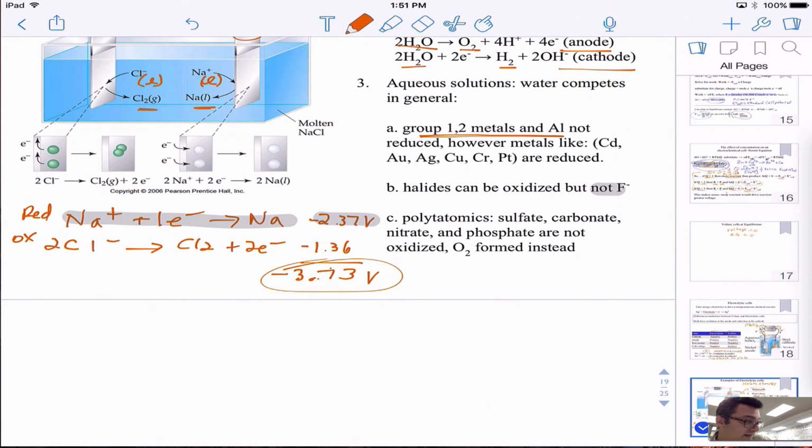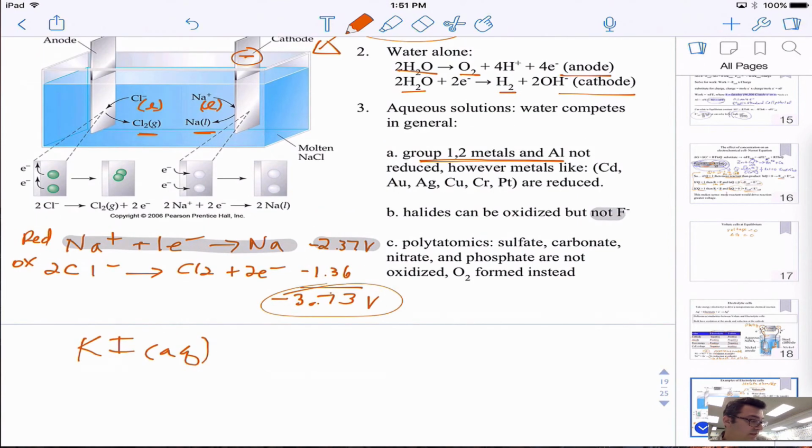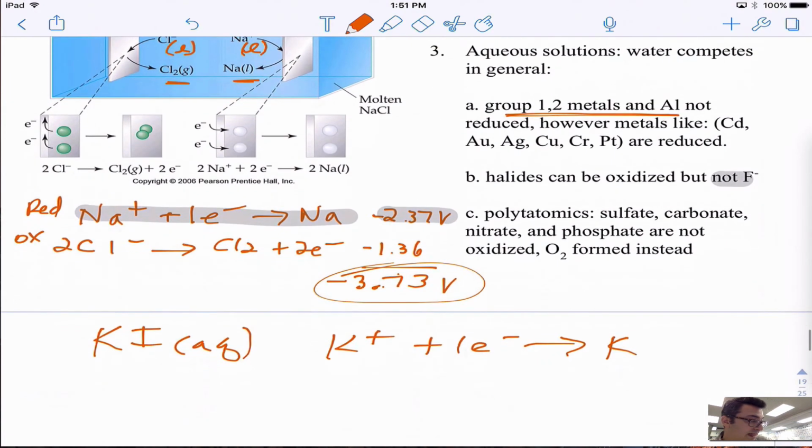Let's say that I had KI aqueous. If things worked perfectly, my K+ would gain an electron and become K, and my I- would lose an electron, or 2 electrons, and form I2.